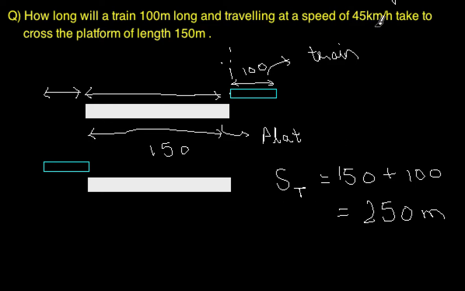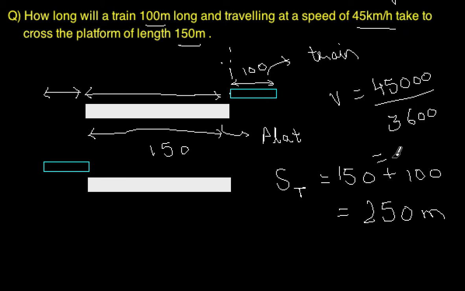Now the speed has been given as 45 kilometers per hour. So we first need to convert it into meters per second, because we have been given the distance in meters. So speed is 45 kilometers, which is 45,000 meters, and 1 hour is 3600 seconds. So we are just converting it into meters per second.